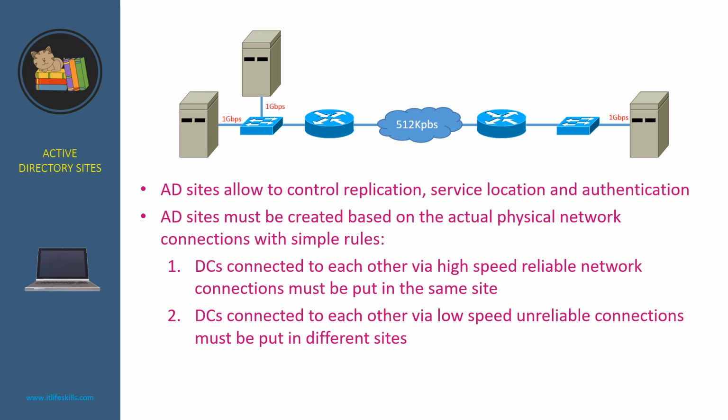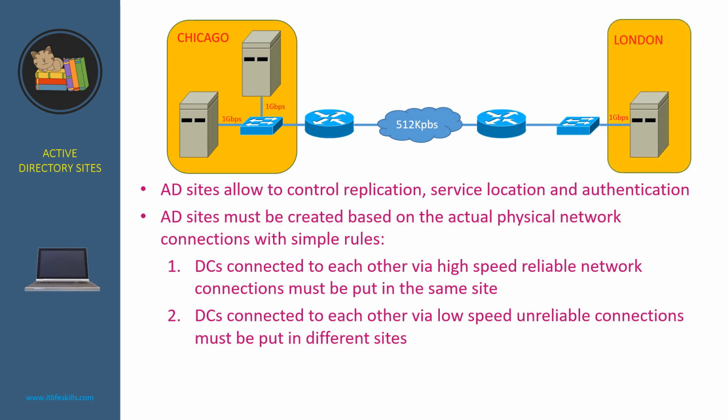DCs connected to each other via low-speed, unreliable connections must be put in different sites. So with these rules, these two domain controllers must be put in the same site, and this domain controller must be put in a different site.